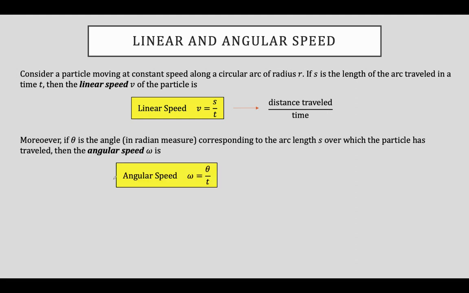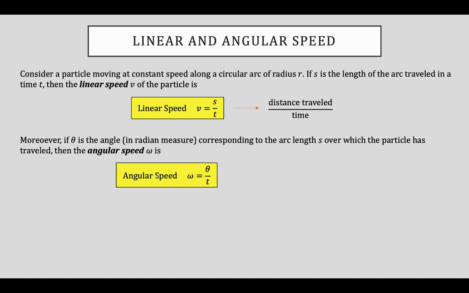Now, moreover, if theta is the angle in radian measure, again, everything should be in radians here, corresponding to the arc length over which the particle has traveled, then the angular speed, omega, this is lowercase omega, the letter we use to represent angular speed, is given by theta over t.